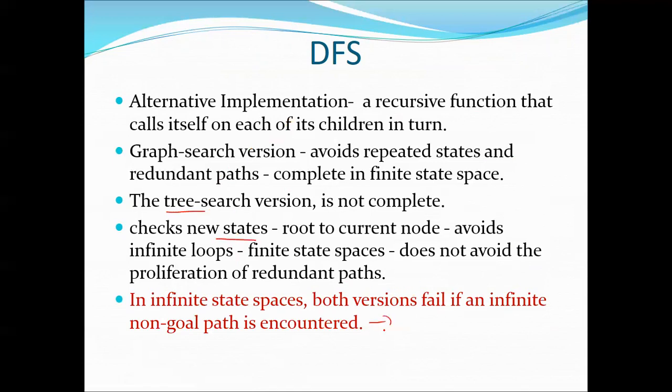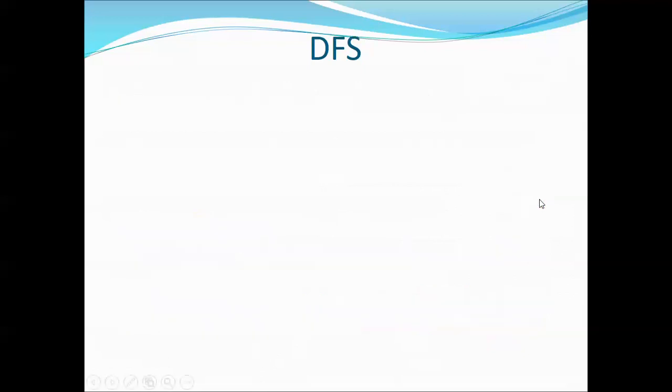That is, they are not complete, because they may encounter a non-goal path, and this non-goal path is of infinite length. So they will keep on checking this path, and they will never come to the path where there is a goal. I think you are following.